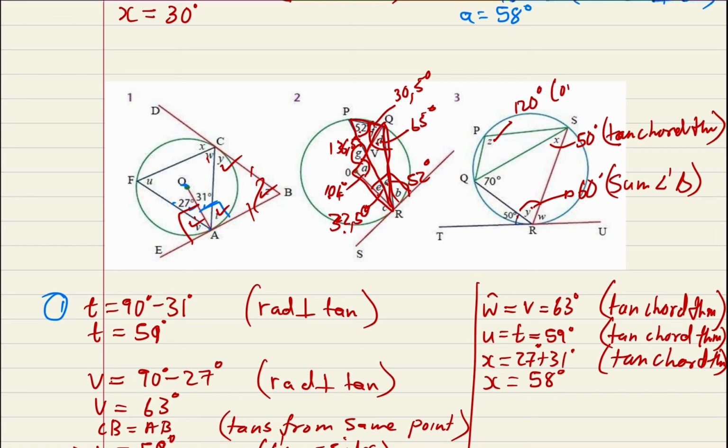These are opposite angles of a cyclic quad. Now if you have that one, again you can find this one, because this one is equal to that one according to tan chord. So W is equal to 70 degrees, and that is the tan chord theorem.